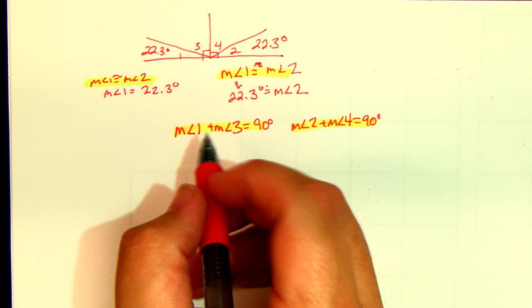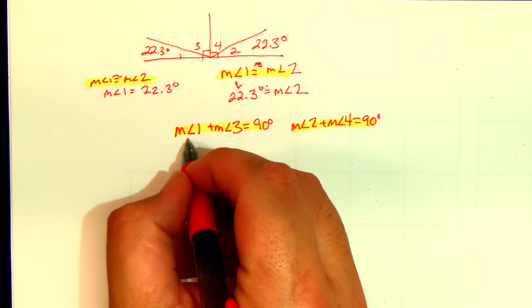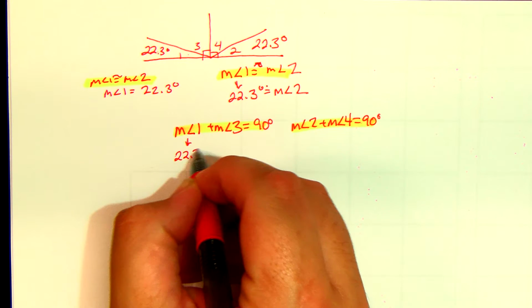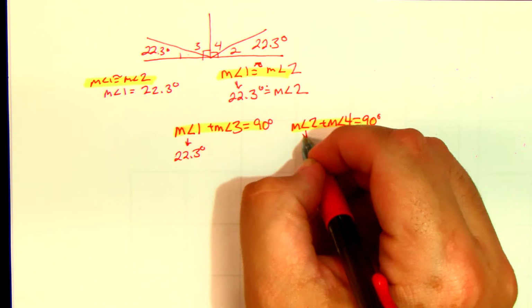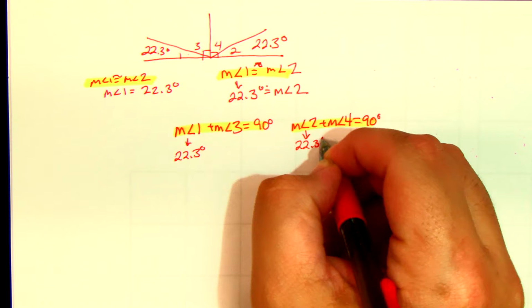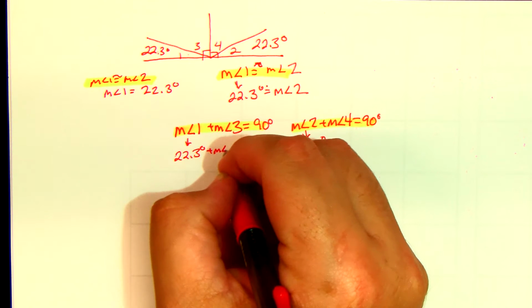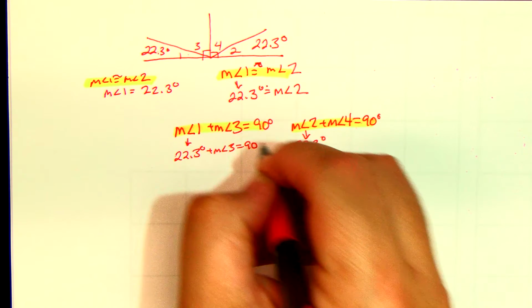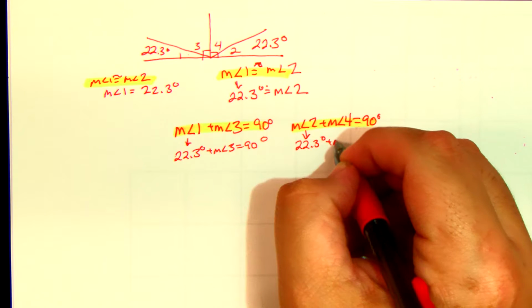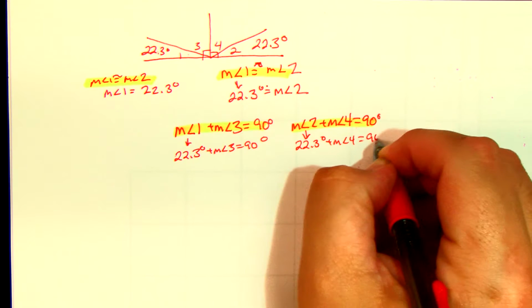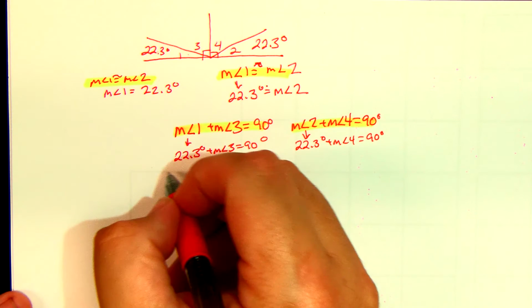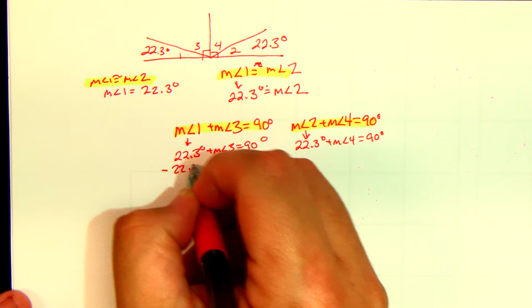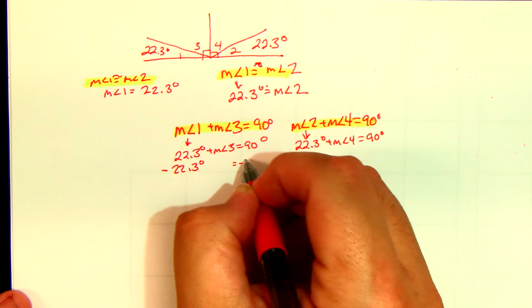Because I know angle 1 now is 22.3 degrees. I know angle 2 is 22.3 degrees. So in both of these, 22.3 plus measure of angle 3 is equal to 90. Now subtract 22.3 degrees minus 22.3 degrees.